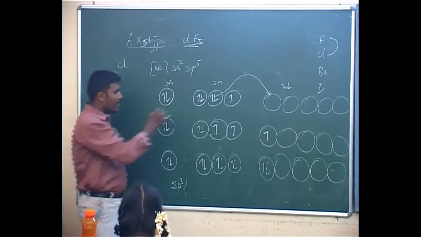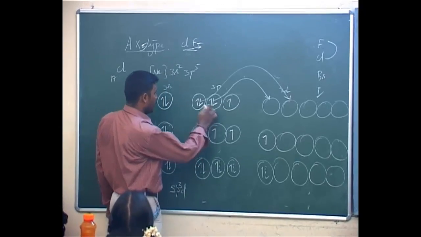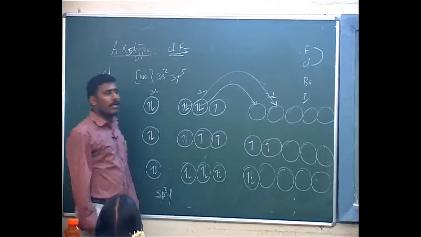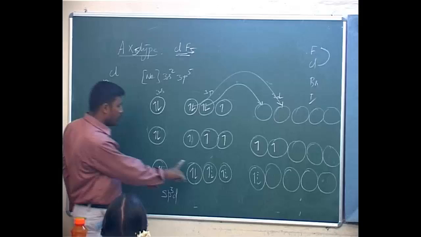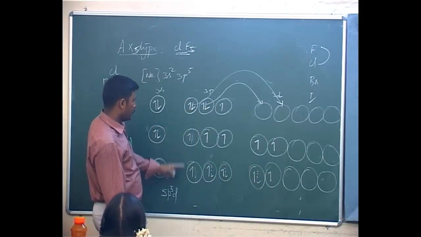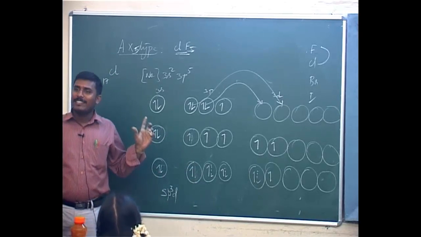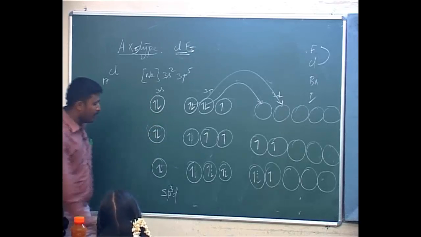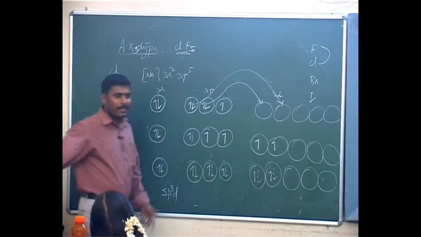This electron also goes here, so this also becomes a single bond, here another single bond, and all here also. Then how many single bonds did you create? 5 single bonds, so 5 vacant chairs are ready. Now very easily they will come and sit in that place, 1, 2, 3, 4, 5.